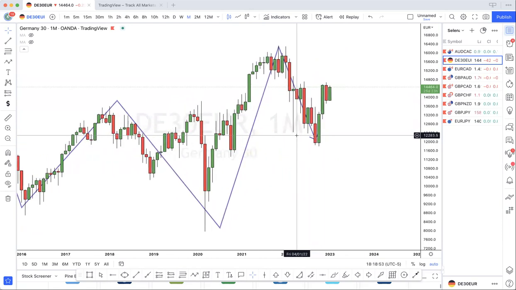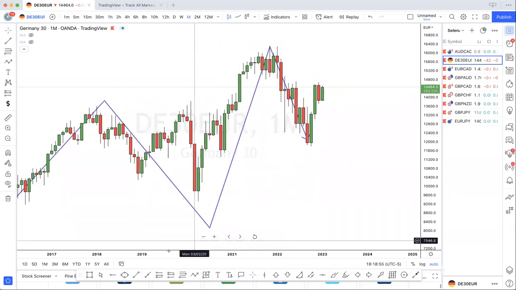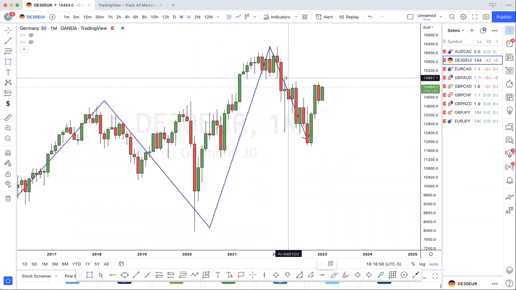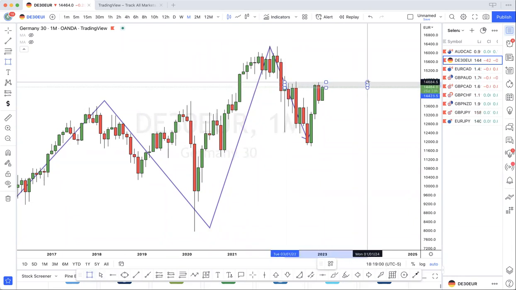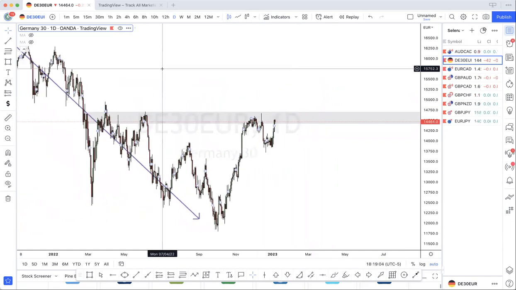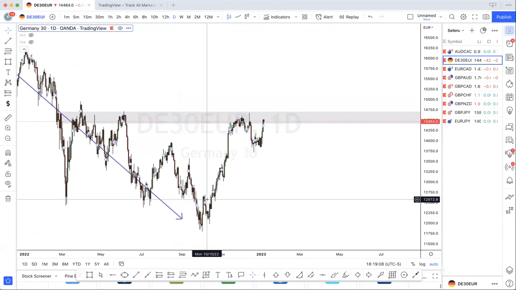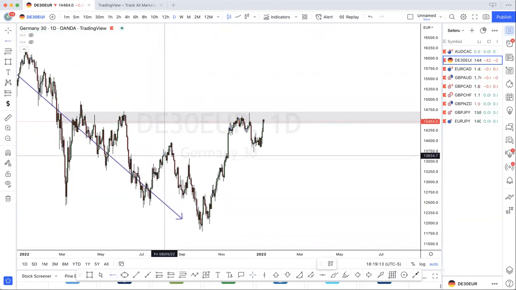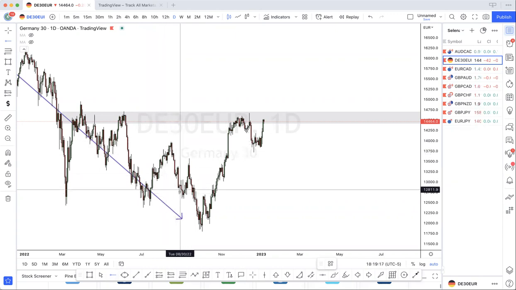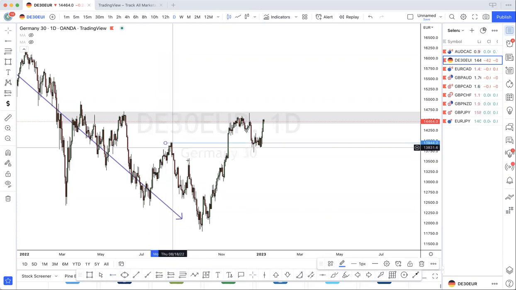It's currently in an order block. So that's on the monthly. Now we go to the daily. Now that price broke structure, this didn't break that, so I'm going to make this a high.